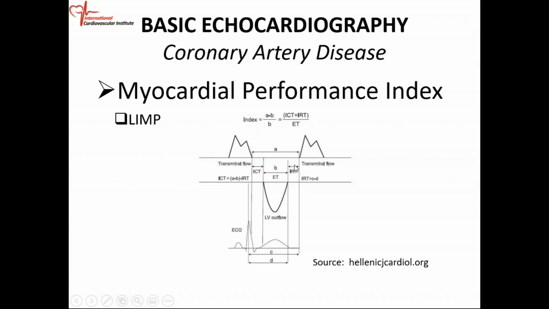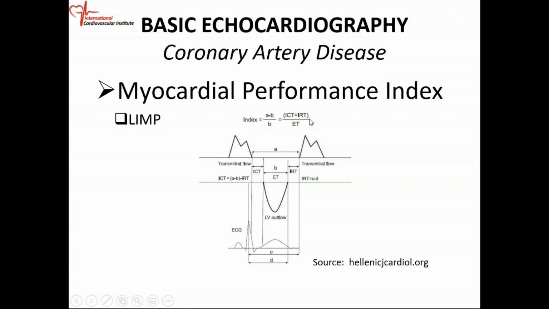You're going to subtract from that the ejection time. But if you just do the mental math, you can see that that's going to leave you with ICT plus IRT, okay? And you're going to divide that by the ejection time.